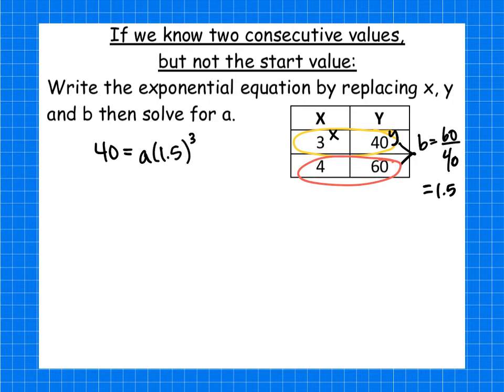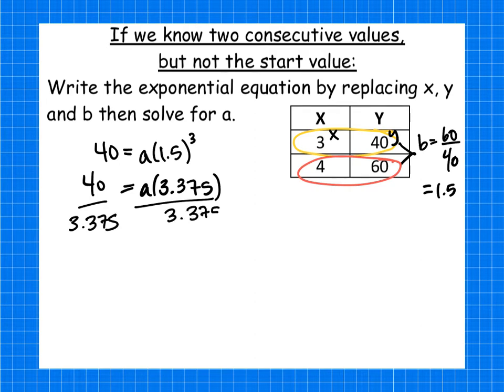So 1.5 to the third is 3.375. This is times a equals 40. I'm going to divide both sides by 3.375 to get rid of it on that side, or divide out to 1 more specifically. 40 divided by 3.375 is 11.85185.